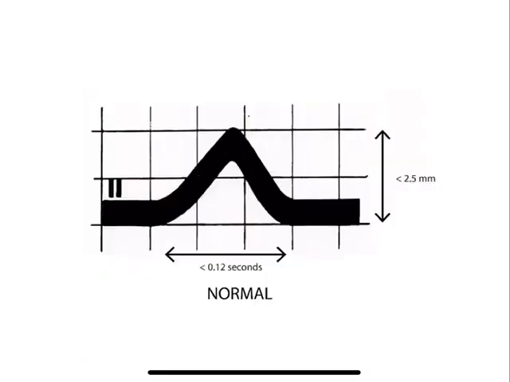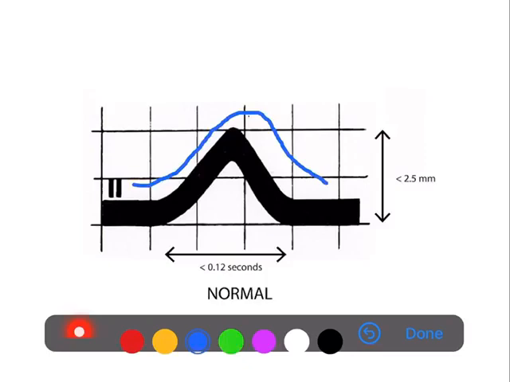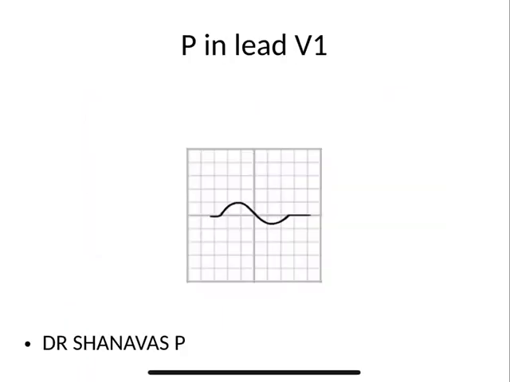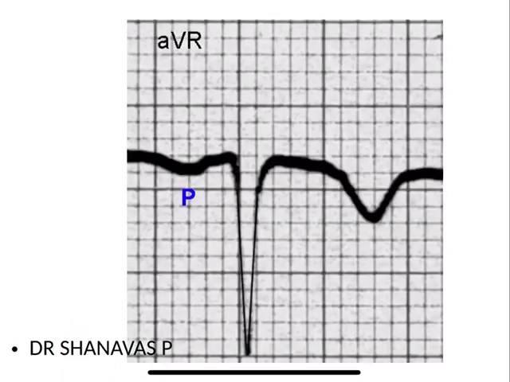So we will come to the example. Consider this is lead 2. In lead 2 there is initially depolarization of the right atrium followed by the left atrium, so it produces a positive deflection. Then coming to lead V1, initially there is depolarization of the right atrium, then depolarization of the left atrium in the opposite direction, producing a biphasic P wave in lead V1.